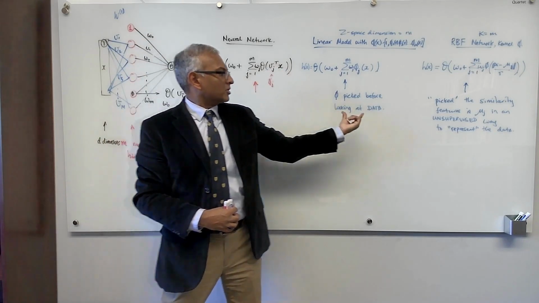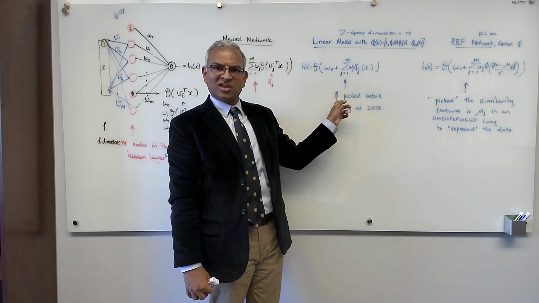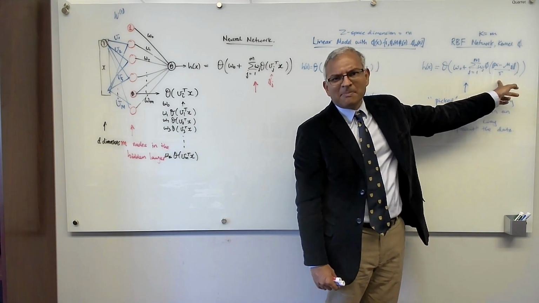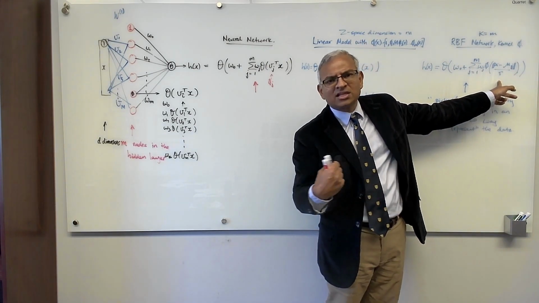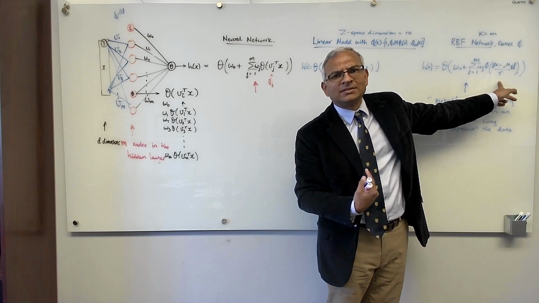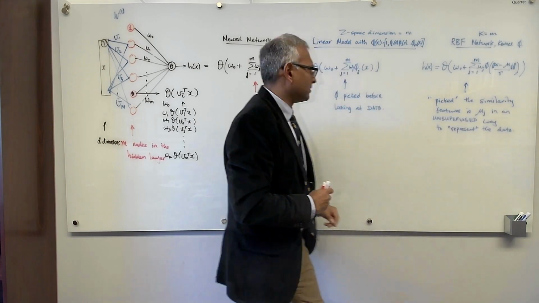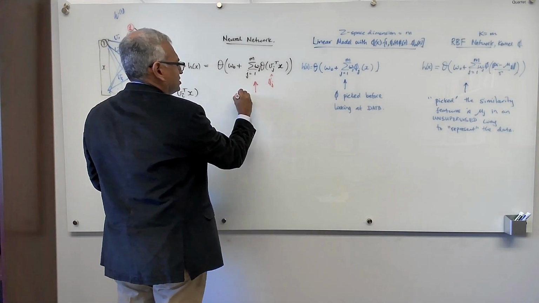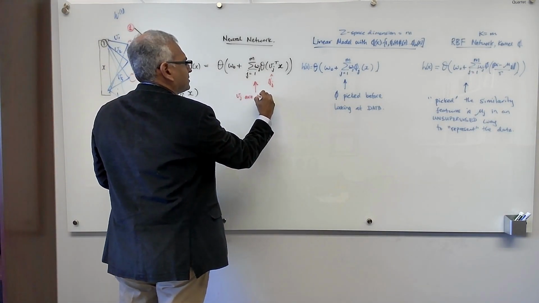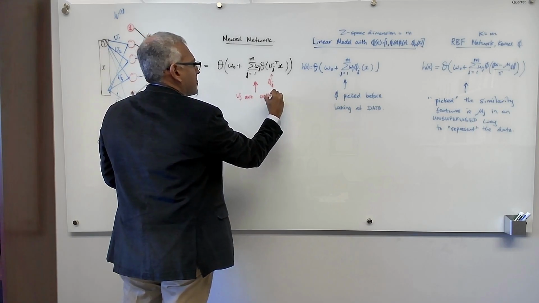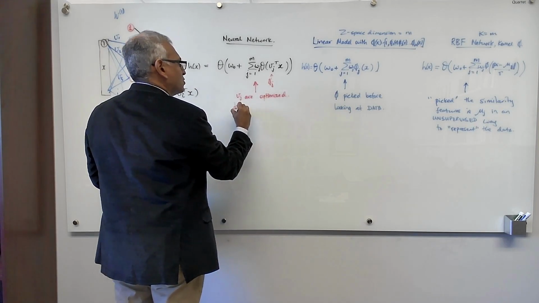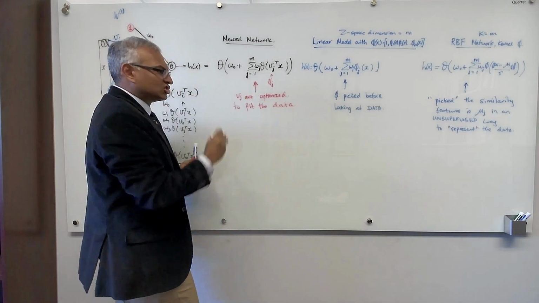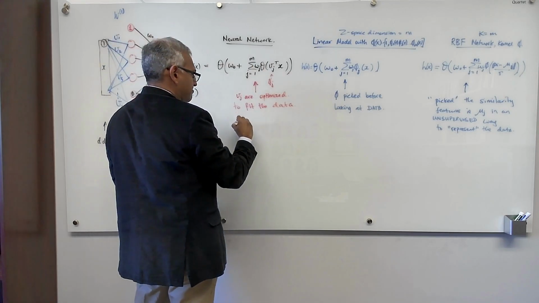So we are going to fit our features to the data in a very real way using both x and y. Here, fixed feature transform. Here, mildly fit feature transform, fit mildly because you only need to look at the x values in the data to pick bump centers. Here, fully fit features. The v j's are optimized to fit the data, just like the w's.